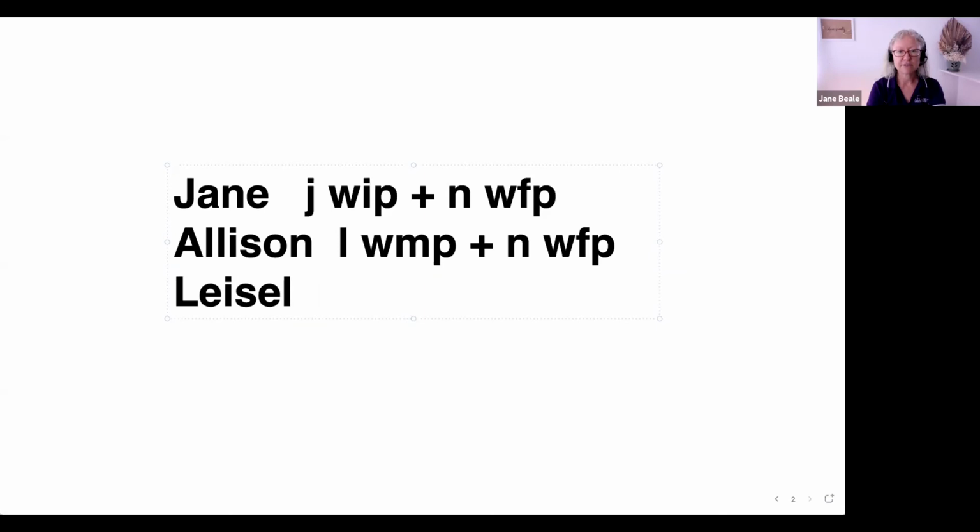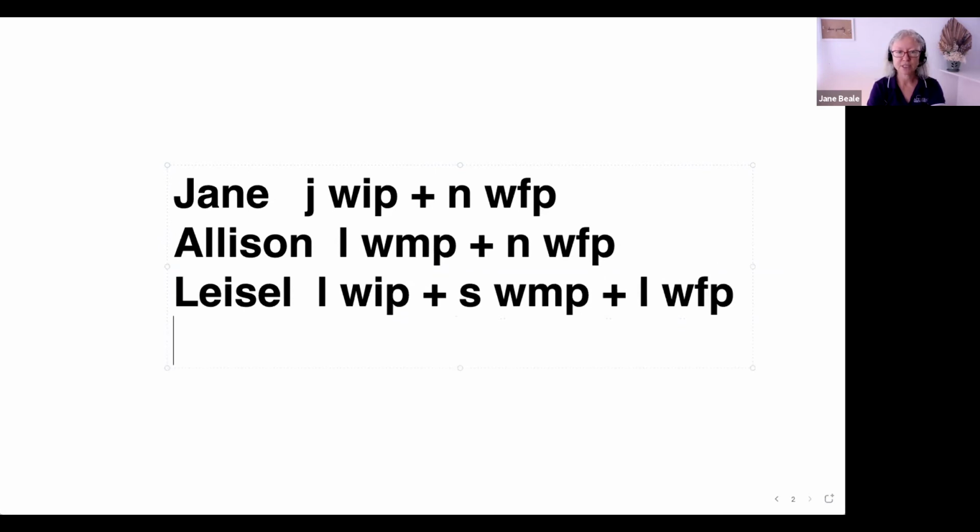Liesl, you have an L in word initial position and an S in word medial position, and you have an L in word final position. So you can see that we're focusing on the consonants, aren't we?